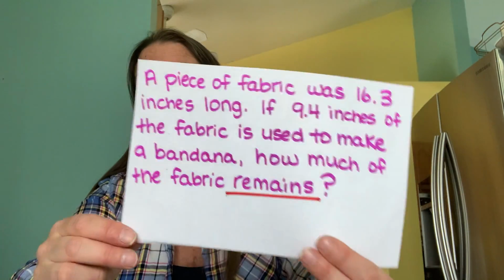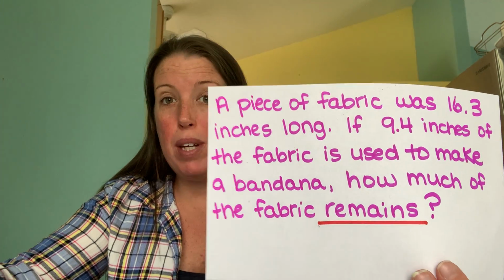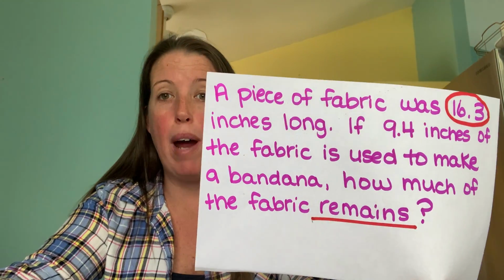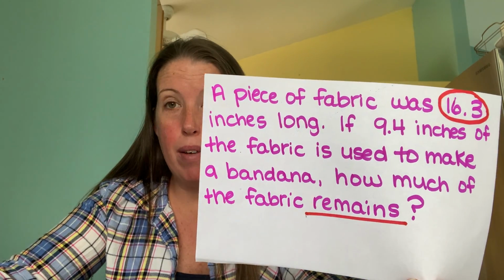Now, just to make sure, let's think about the situation that's happening. So I'm starting with a piece of fabric that measures 16 3/10. Now think about what we're going to do to that fabric. You're going to use some of it. So if you're starting with a piece of fabric and you have to use a part of it, you're actually going to make the initial fabric smaller.